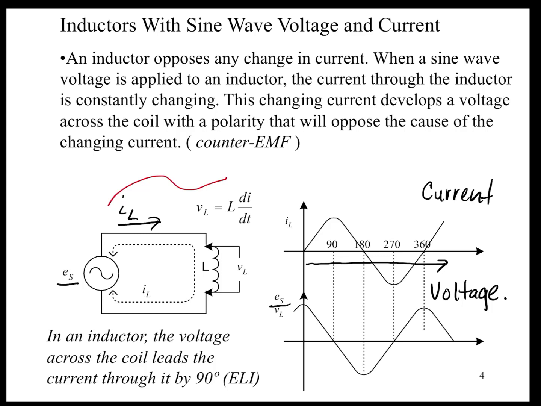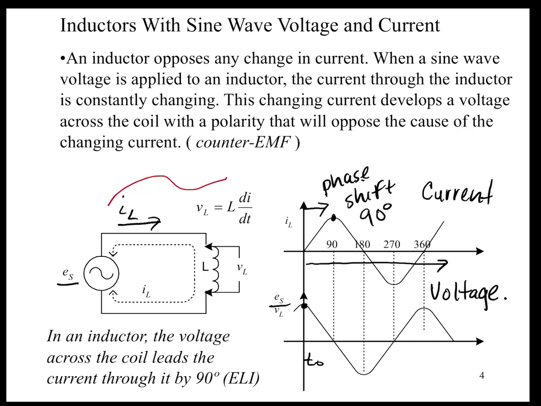And notice how when it comes to the maximum value of voltage seen here at time 0 or at angle 0, it takes the current 90 degrees later to reach its maximum value, and what we have is a phase shift here. And that phase shift is 90 degrees.